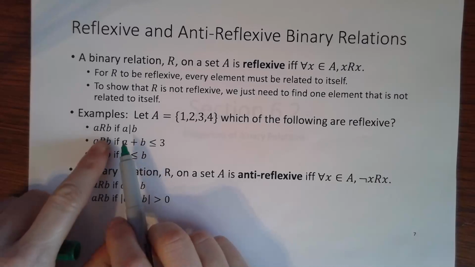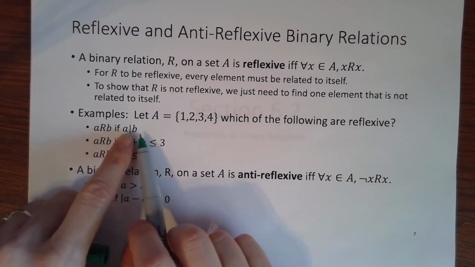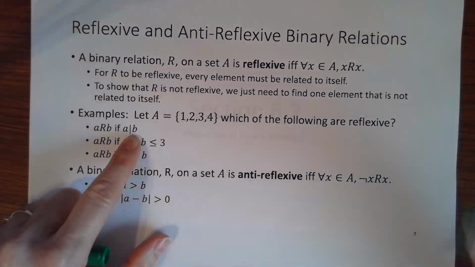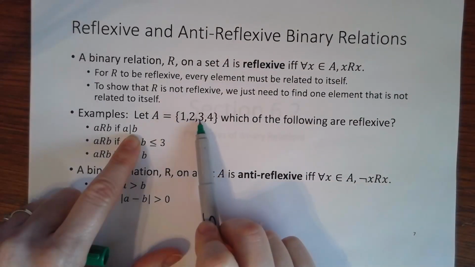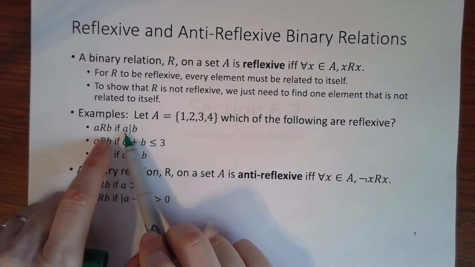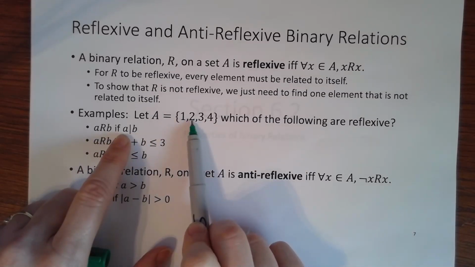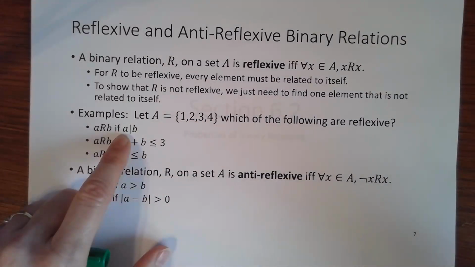Is this reflexive? The relation where A is related to B if A divides B. Well, it would be reflexive if, for every element in the domain, 1, 2, 3, 4, the element would divide itself. So does 1 divide 1? Does 2 divide 2? Does 3 divide 3? Does 4 divide 4? Those are the questions we'd have to ask ourselves.